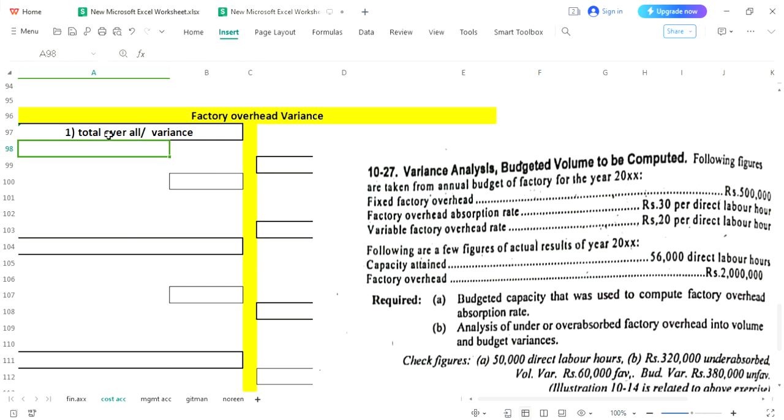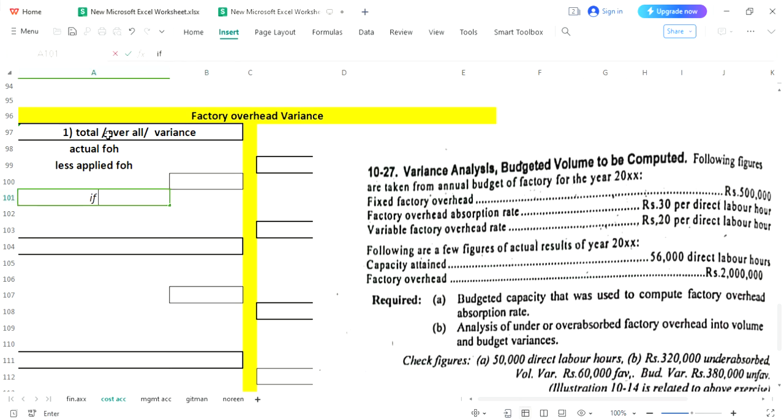For that purpose, you need two elements. First would be your actual FOH and secondly your applied FOH. You will subtract this applied FOH from actual FOH, which would be called the variance, and then you will conclude by focusing upon applied FOH.